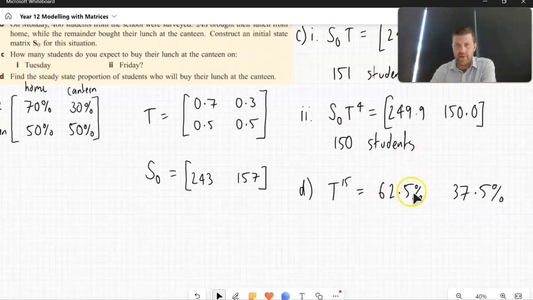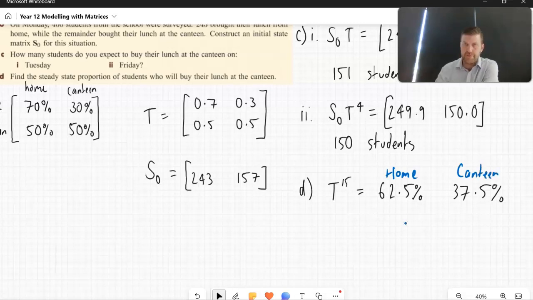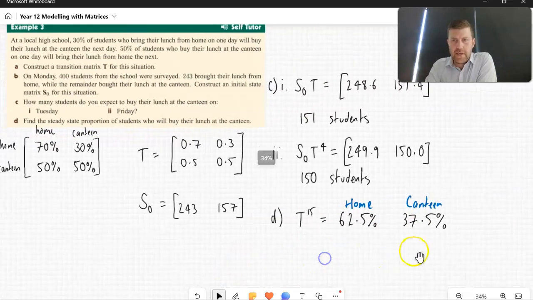So obviously that first value tells us the percentage of students that will be bringing it from home. And that second value, the second column, tells us the steady state proportion of students that will purchase their lunch from the canteen.